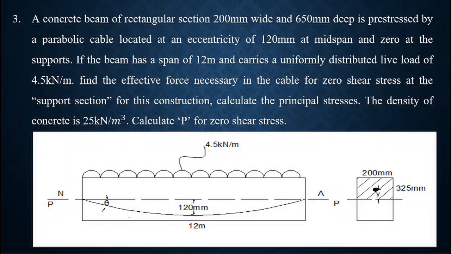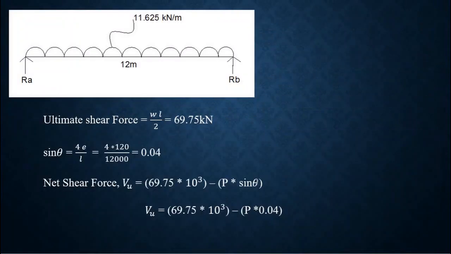So we are considering that vertical reaction here, and as the reaction is acting downwards, we should consider it as negative. So the ultimate shear force at this, as I said, the shear force will be maximum at the supports.